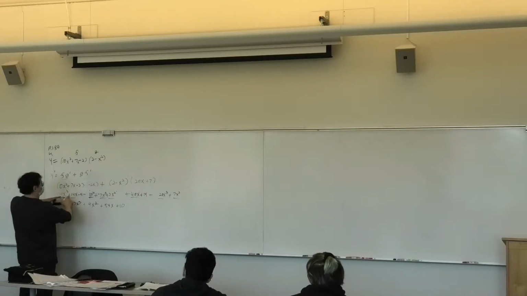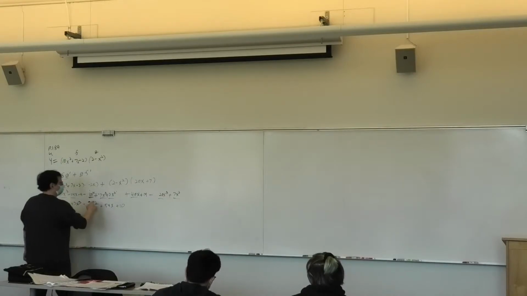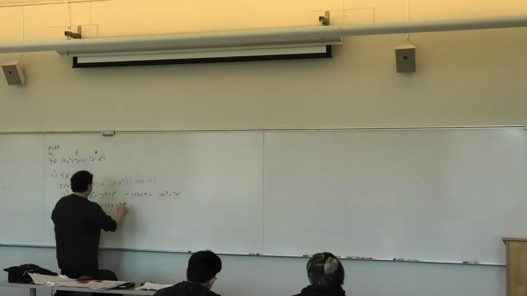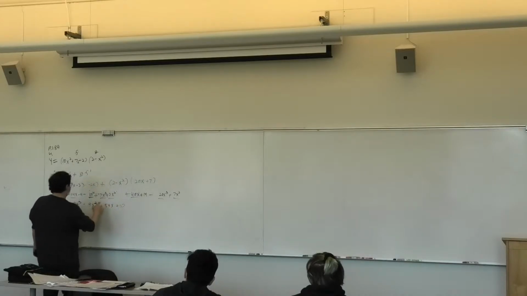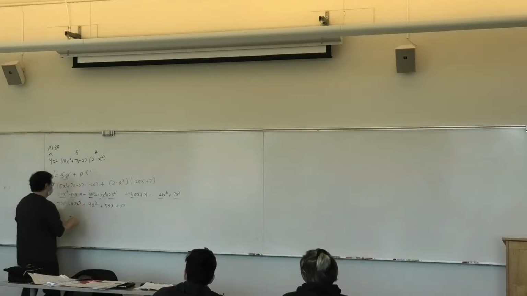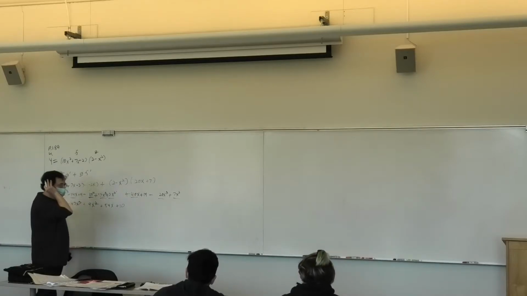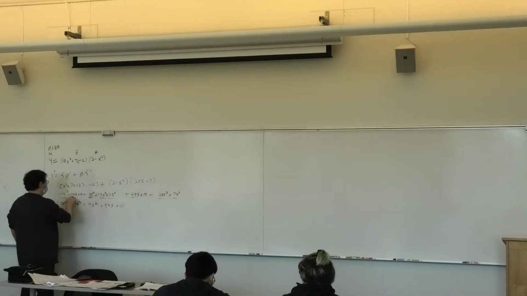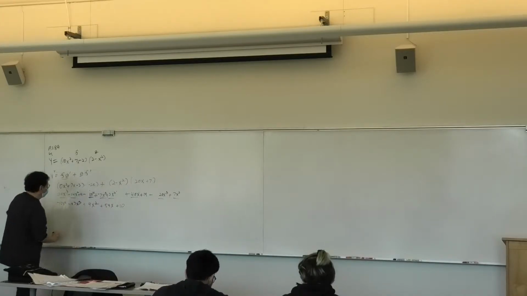Yeah, yeah. And then the 14x squared. Negative 7x times negative 2x. Well, this is positive, right? No, still on the 14x, because positive 7x times negative 2x.